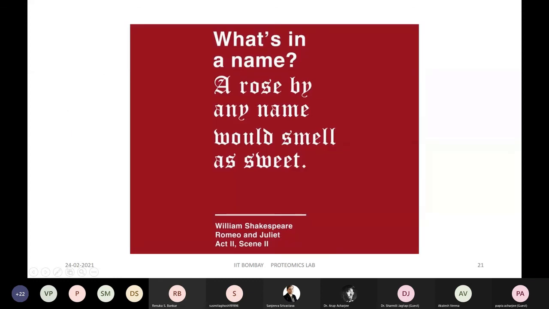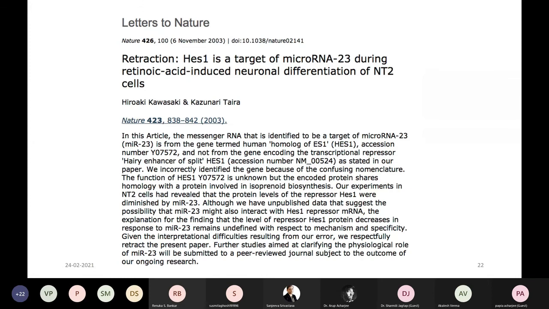So, as I was telling, what's in a name? You see, there was a famous retraction from a Nature journal. The retraction was of the paper on HES1. What they actually wanted to say is homolog of ES1, and not the gene encoding the transcriptional repressor hairy enhancer of split, which is also called HES1.